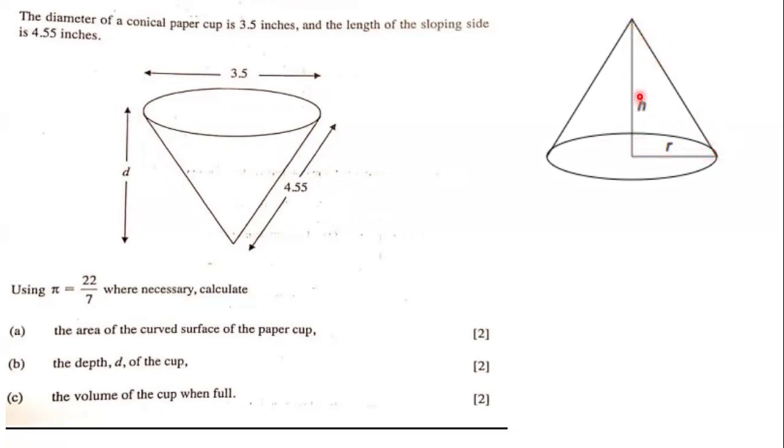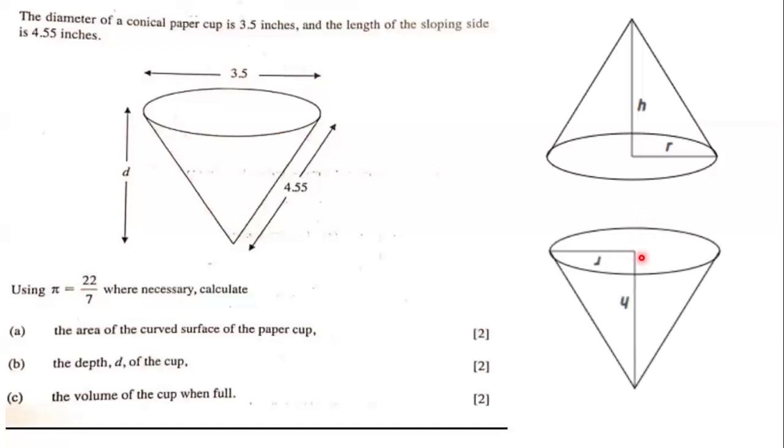If we were to turn this cup the other way, H would be equal to D, the depth, so H and the depth would be the same thing. We could call it H or D, but in this case, they want us to use D. And so the depth of the cup is going to be D, and that's what we have to figure out. Again, we can use properties of a right angle triangle to determine what is H.